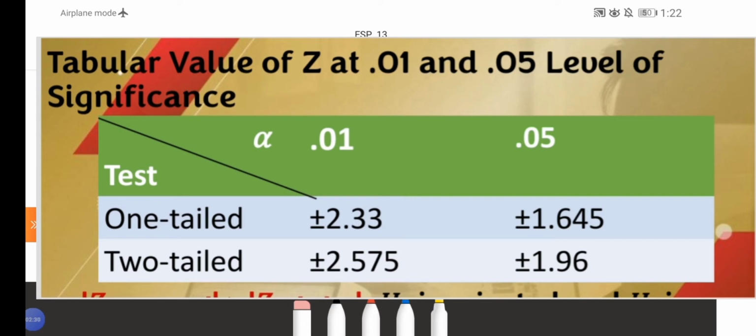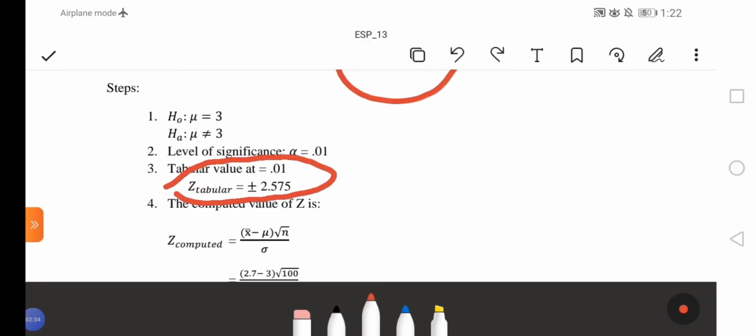That means, ang Z tabular natin is positive or negative 2.575. Okay? Next step is compute the value of Z. So, in computing the value of Z, we have the formula.